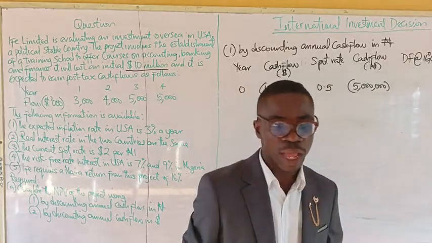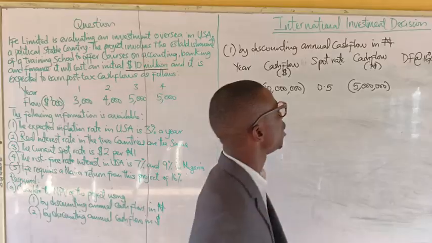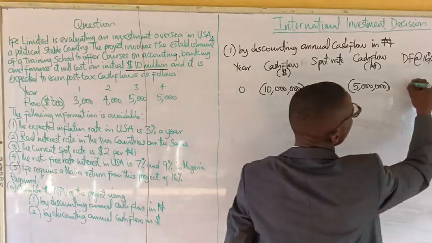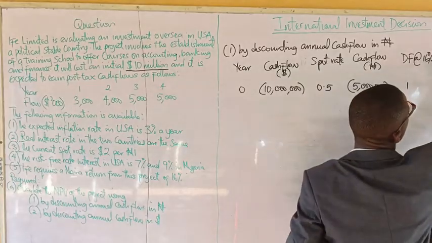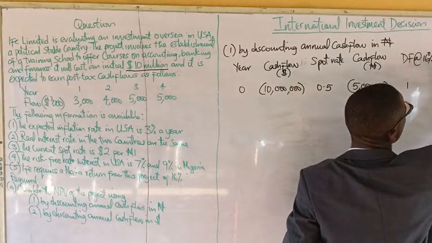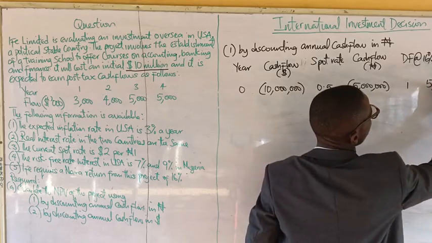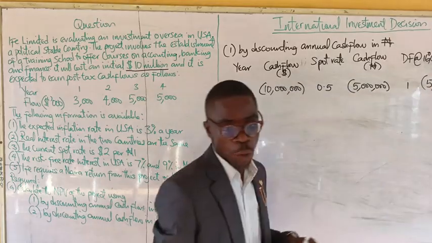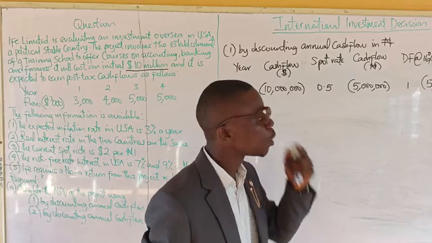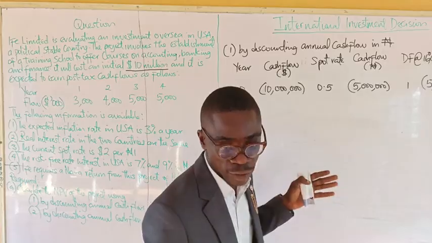What is 16%? Oh yeah, let's be fast. For year 0 it will be 1, right? So the NPV, which will be in naira, will be minus 5 million. Are we together? Do we understand this?